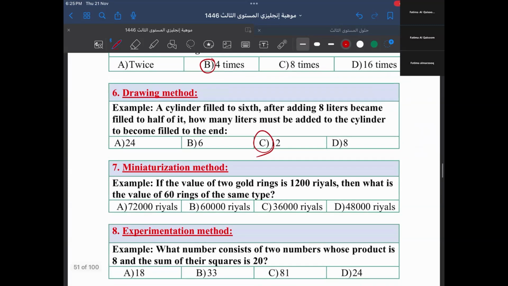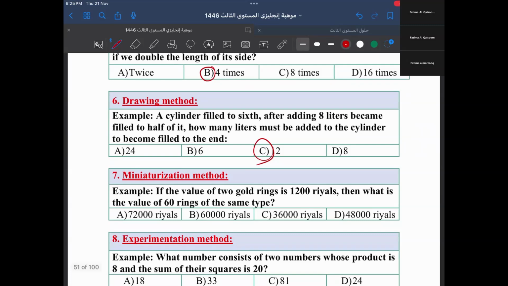Okay. So here first, I had the cylinder. I drew the cylinder. It is filled to 1/6. And then we added 8 liters, and then it became half. So 1/6 plus the 8 liters equals 1/2.